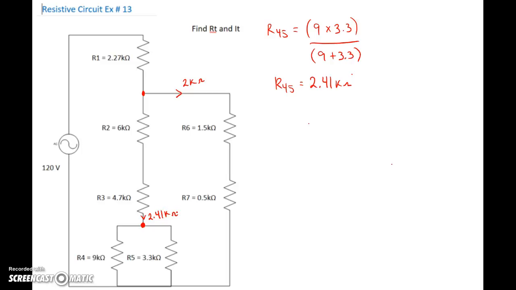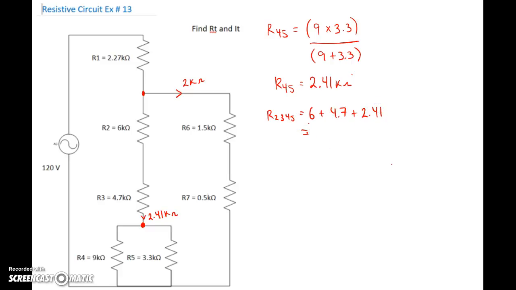Okay, next thing we've got to do is add the 6 kiloohms for R2, the 4.7 for R3, and the 2.41 for the combination of 4 and 5. So in your calculator, let's do R2, 3, 4, and 5 is going to be 6 plus 4.7 plus 2.41.